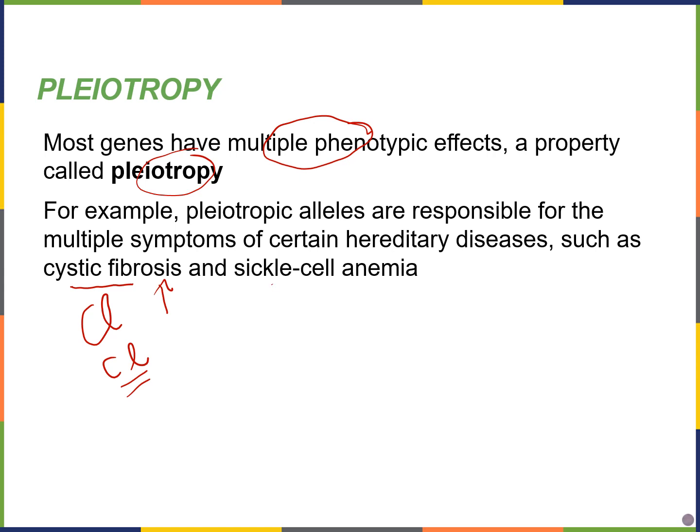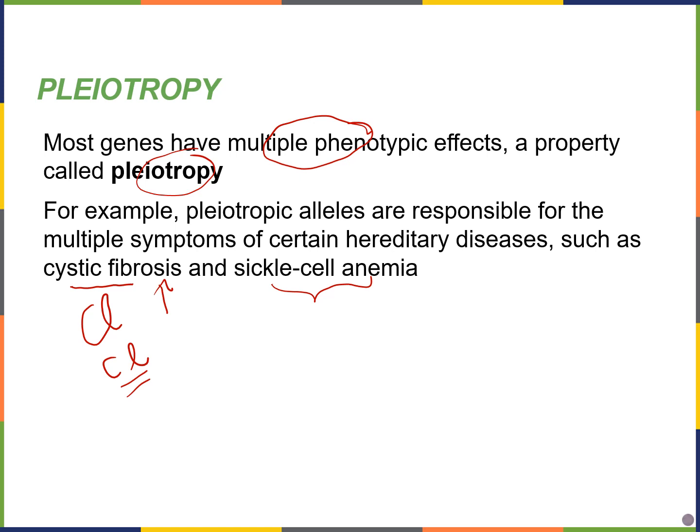Another example is sickle cell anemia. This is also a recessive trait, just like cystic fibrosis is. But in this case, you have a mutation in the gene that encodes hemoglobin, so you produce abnormal hemoglobin, a protein in your blood that binds to oxygen. These cells are sometimes destroyed.